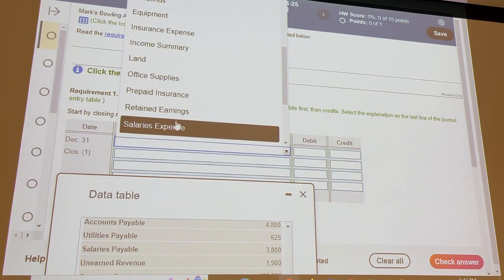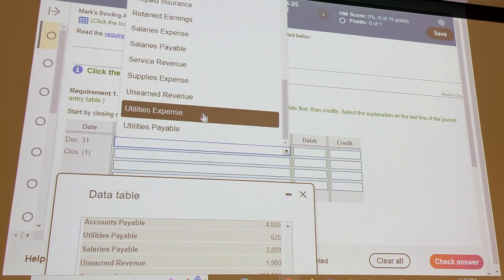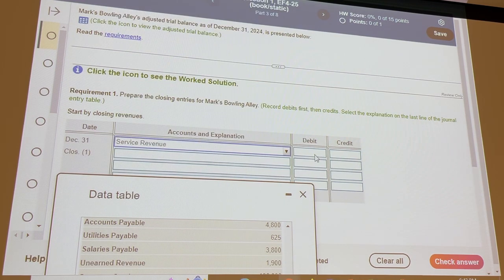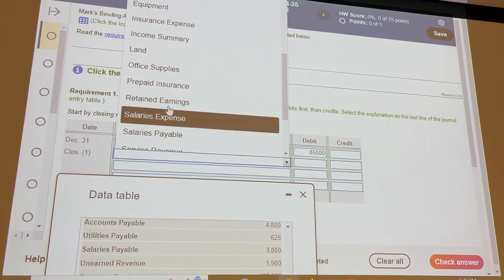So service revenue, debit 85,000. And then that means that automatically the other side of it is income summary.